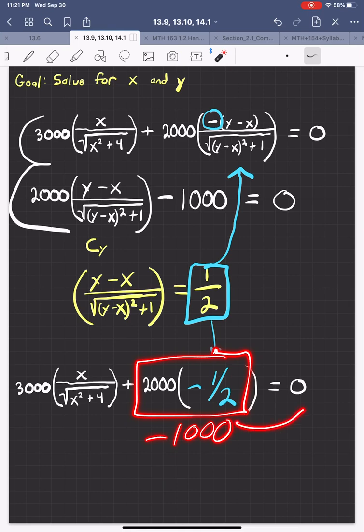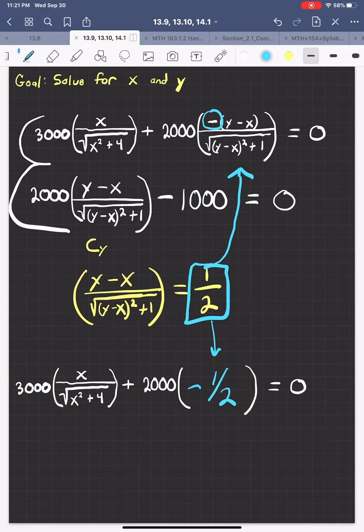I'm going to bring that negative 1,000 to the right side, and I'm still going to divide by 3,000. So what do I end up with? x over the square root of x² + 4 is equal to, well, positive 1,000 divided by a positive 3,000, which is a third.